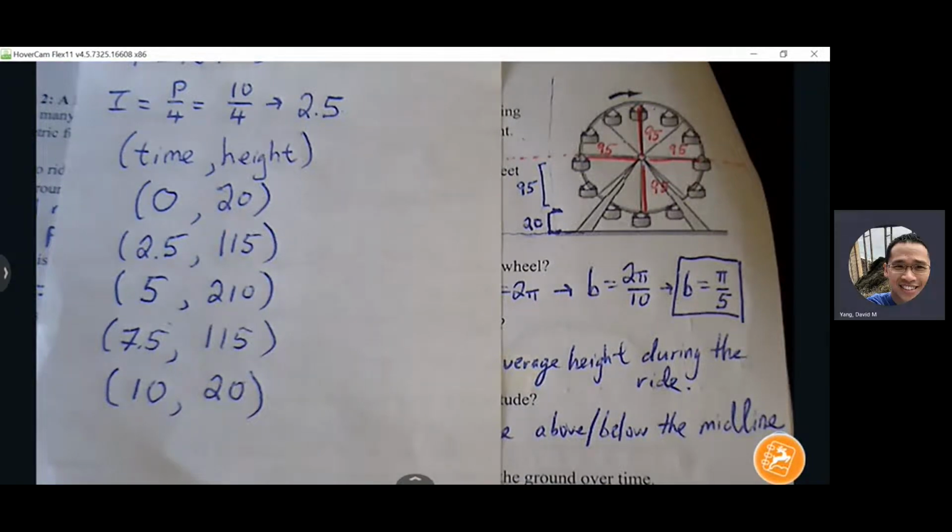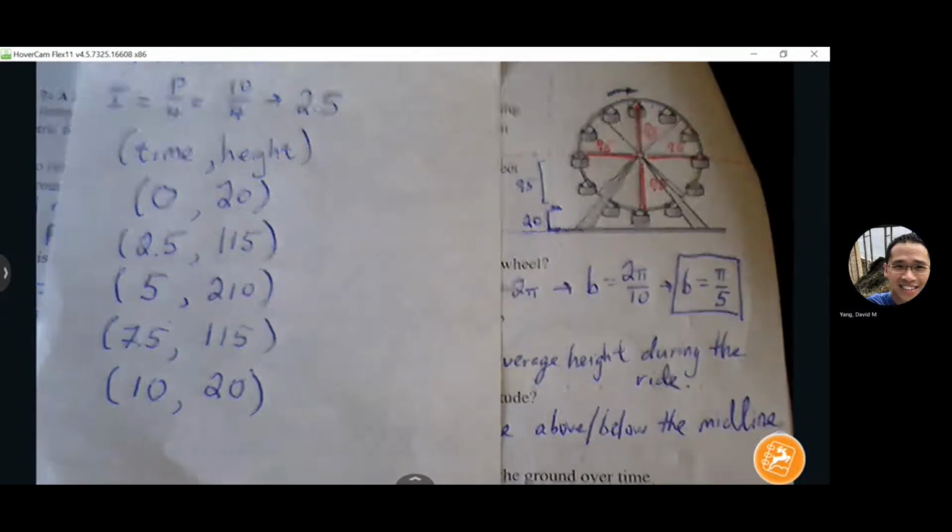So let's use those ordered pairs, and we'll try our best just to sketch the graph to see what it looks like, and then we'll create an equation out of what we see.